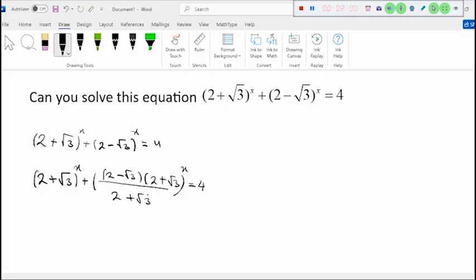If we simplify it, it is the same, no different in the result, but it helps to solve this equation very easily.